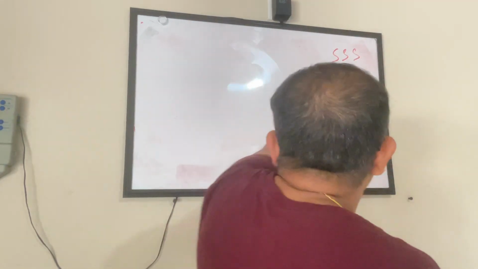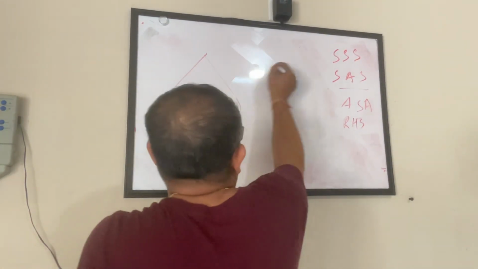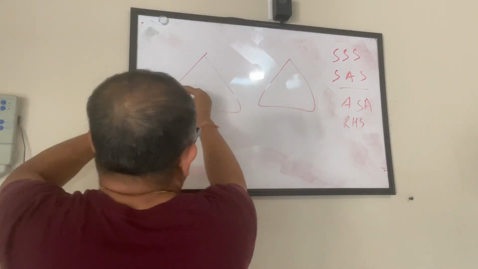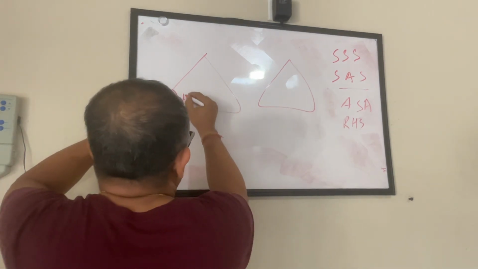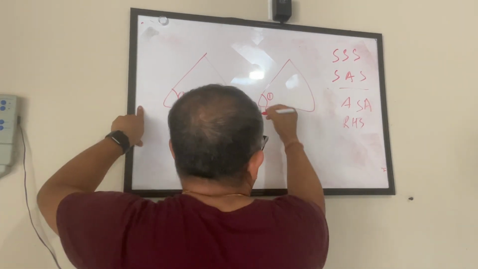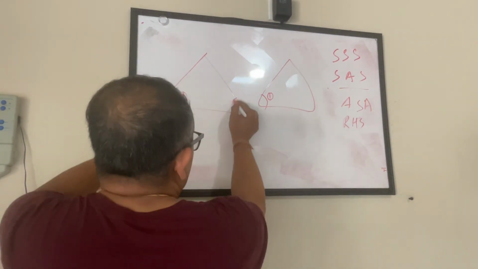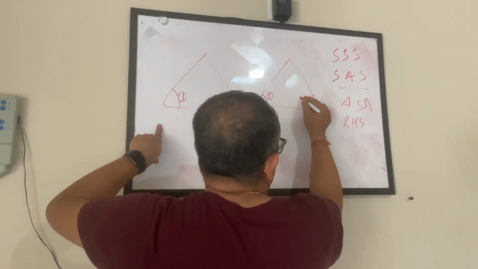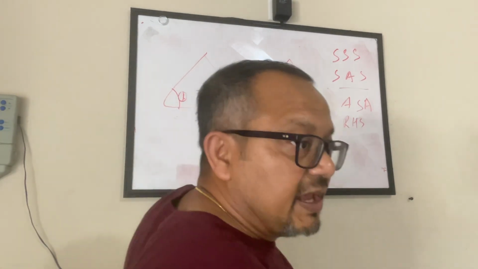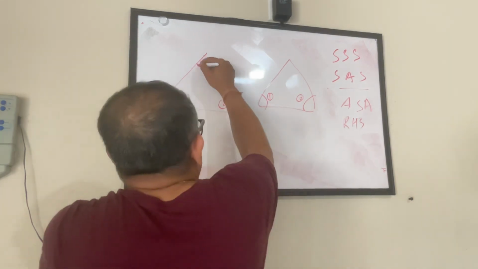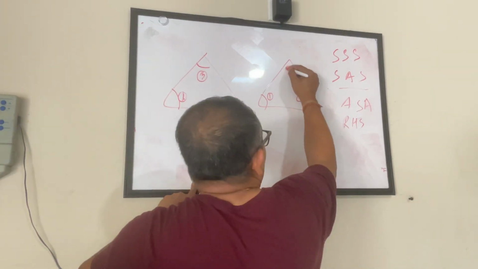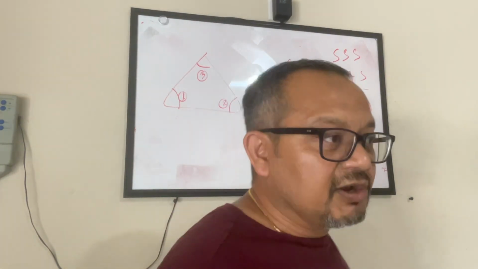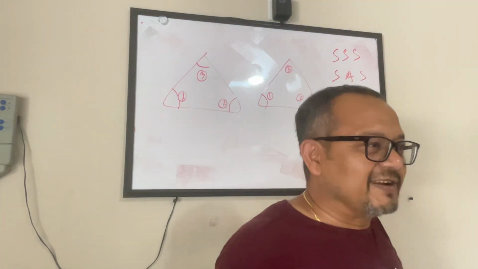So when this triangle and this triangle, what did we do? We know that this angle, let's say this is 1. If this is 1, this is also 1. These two are matching. If this is angle 2, this is also 2. This is also matching. If 1 and 2 are matching, 3 and 3 will be matching. You guys are not going to argue with me on this one.